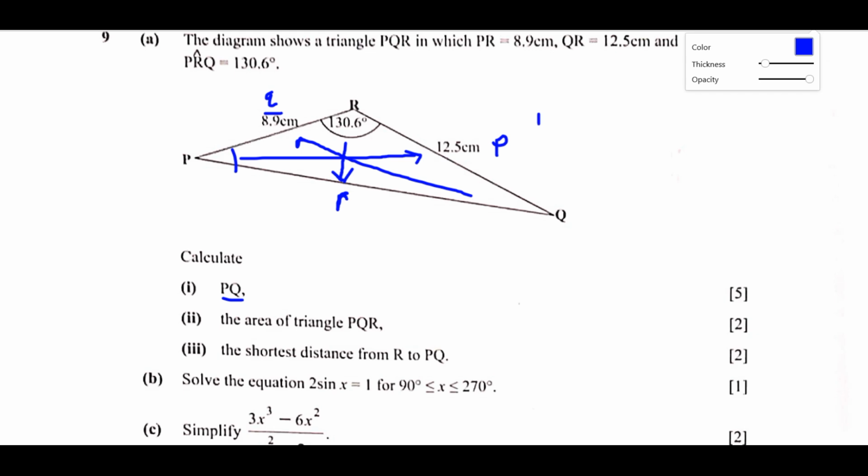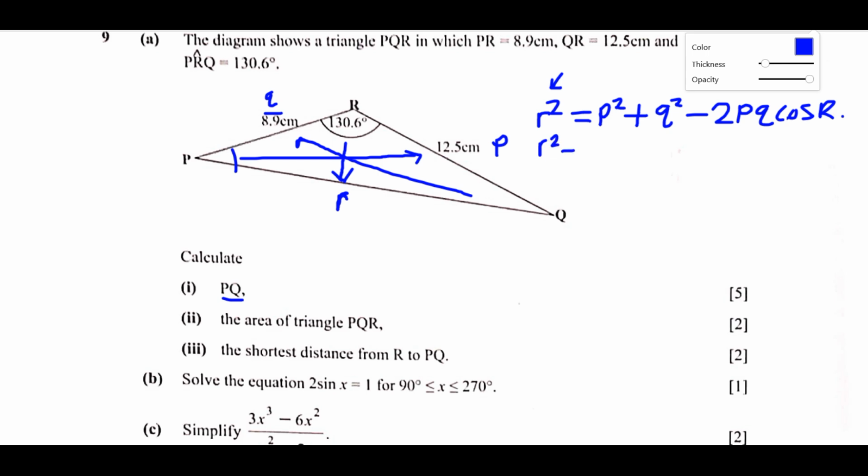So you say r squared is equal to, then what comes after the equal sign are two letters representing the two distances that we are given. So here we are going to have p squared plus q squared minus 2pq, so use the same letters, then cos of the first letter, which is R. So this is the formula.